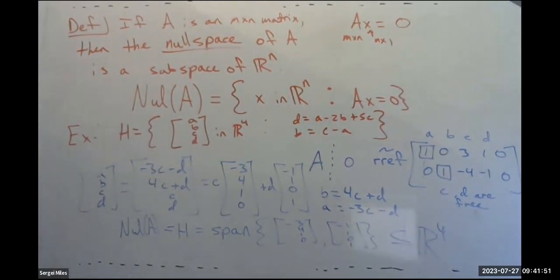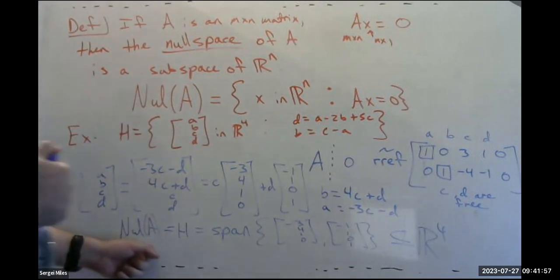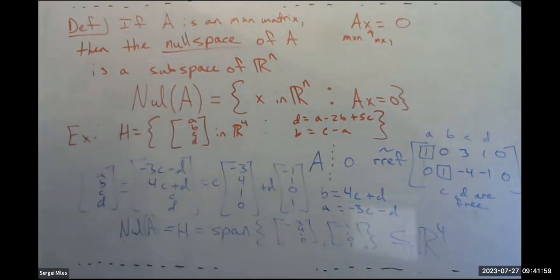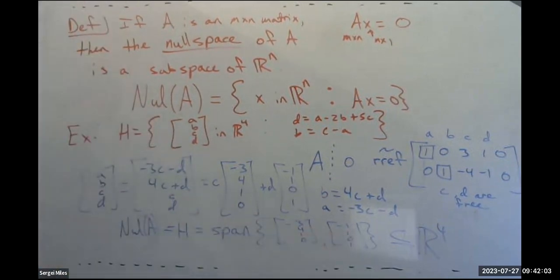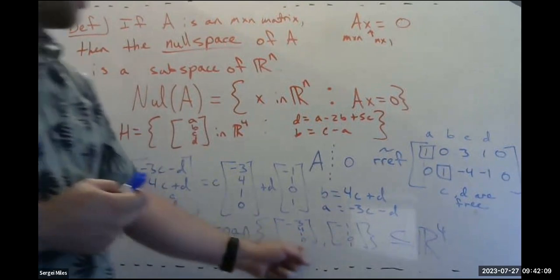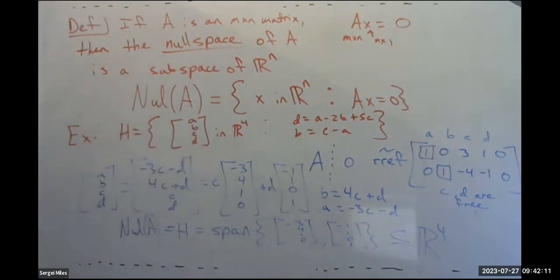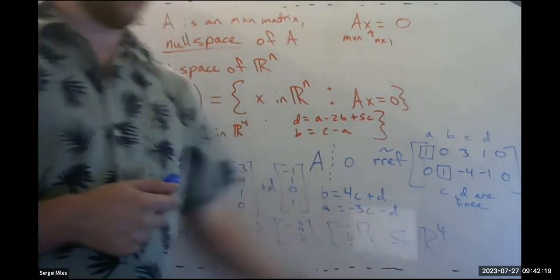But again, this null space is not 4-dimensional. The null space of A is not a 4-dimensional space because now I only have 2 directions I can move in. I only have 2 axes. This null space is 2-dimensional because there are 2 vectors in the span. So this null space is a 2-dimensional subspace of R4.